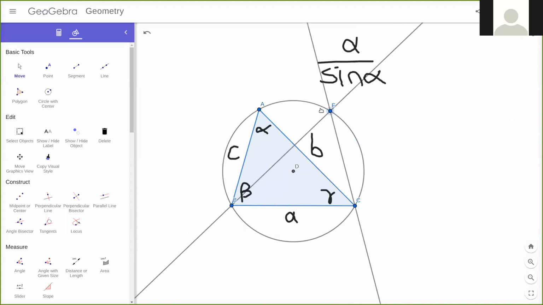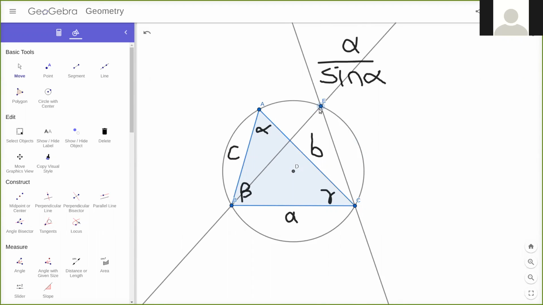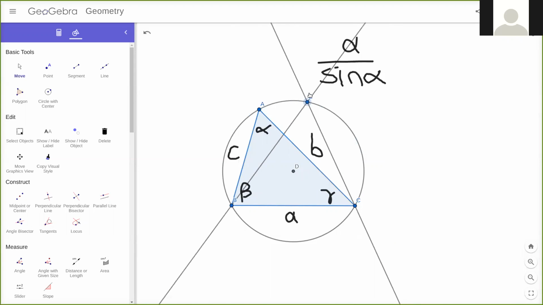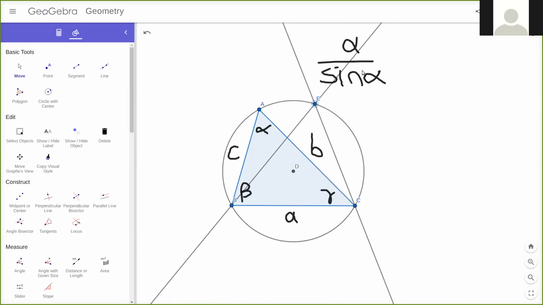This is a property of cyclic quadrilaterals that since A, B, C, E are cyclic, angle A is equal to angle E. And so how do we move this E around so that we create a right triangle? Because we define sine in terms of right triangles.